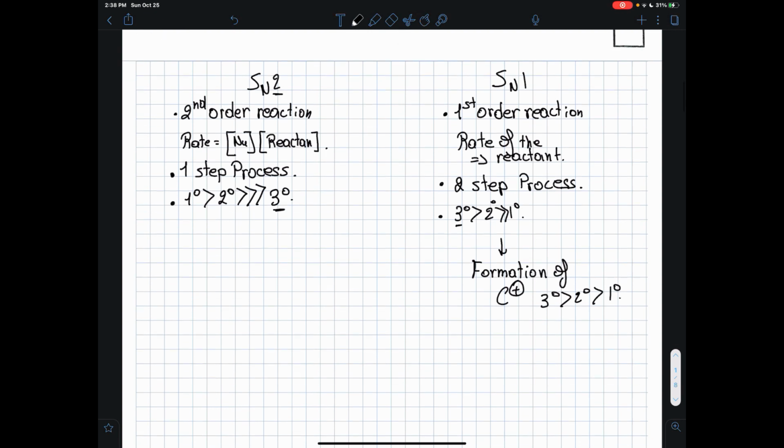Another thing that I forgot to mention about SN2 and SN1 is that SN2 is always 100% inversion, while SN1 is going to be 50% inversion and 50% retention. Again, see, the carbon cation plays such a major role in SN1 for all of this to happen, right?